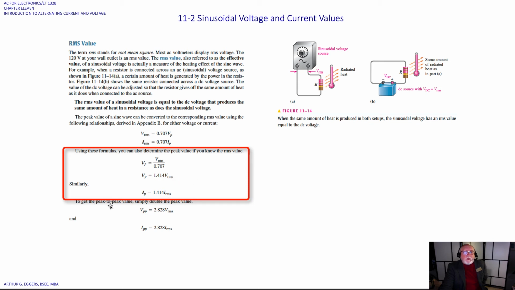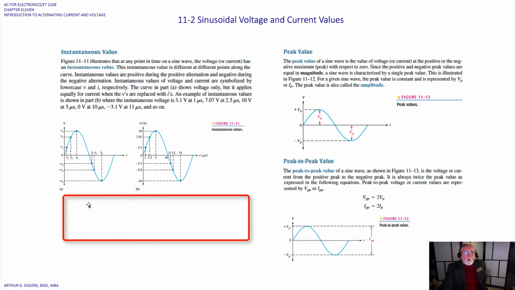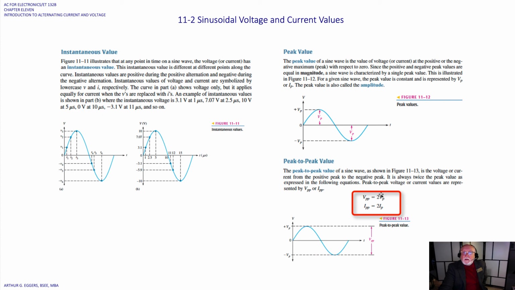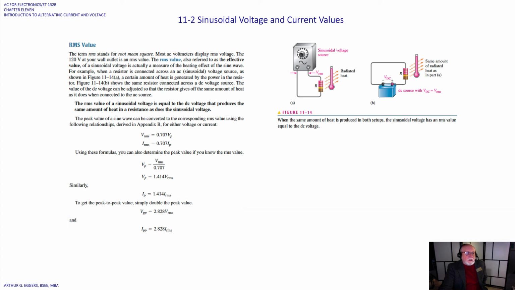The same thing applies mathematically for our peak to peak value, but in this case, since it's twice the voltage or the current, 2 times 1.414 gives us 2.828 in each of these.